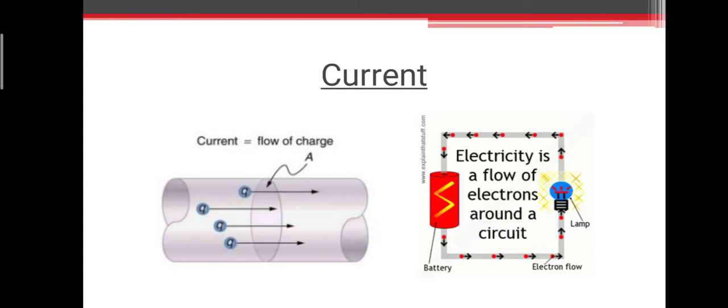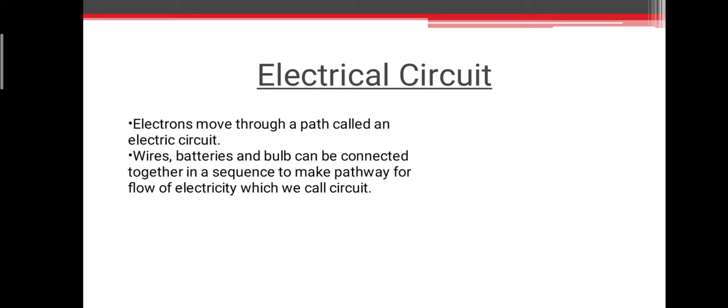around a circuit. Now with this definition, you will definitely ask what an electric circuit is. Electrons move through a path called an electric circuit. So the path through which the electrons move is called an electrical circuit.